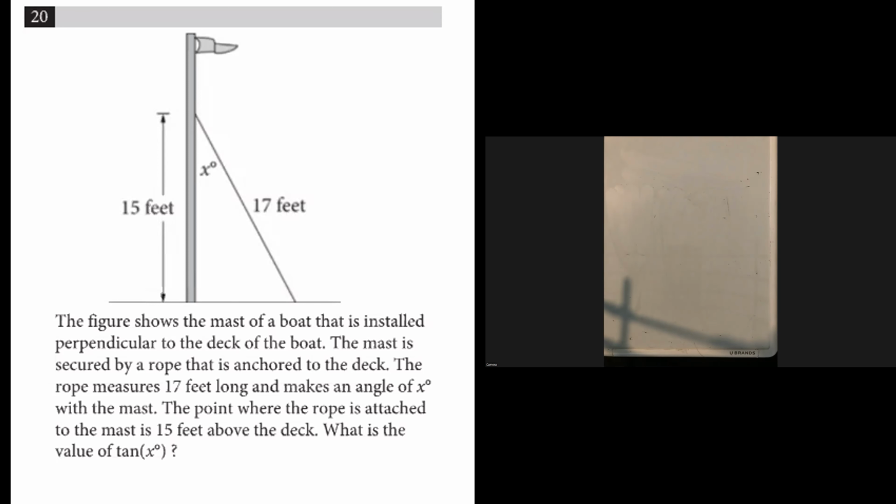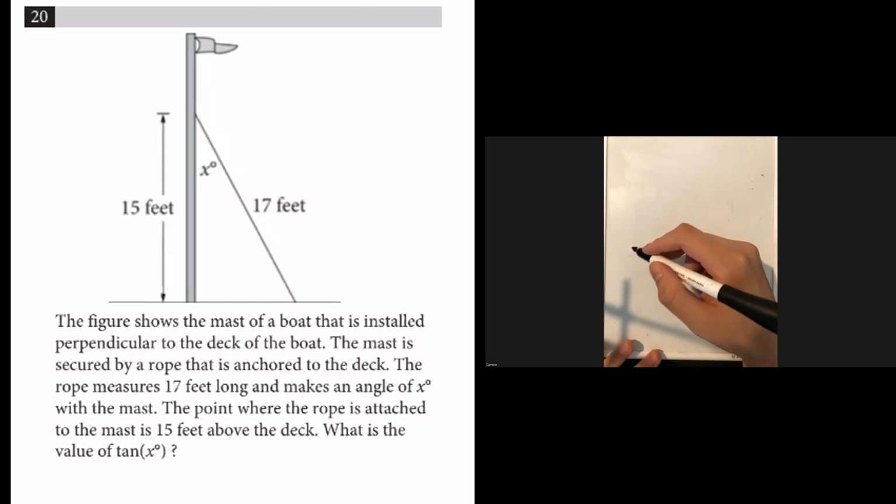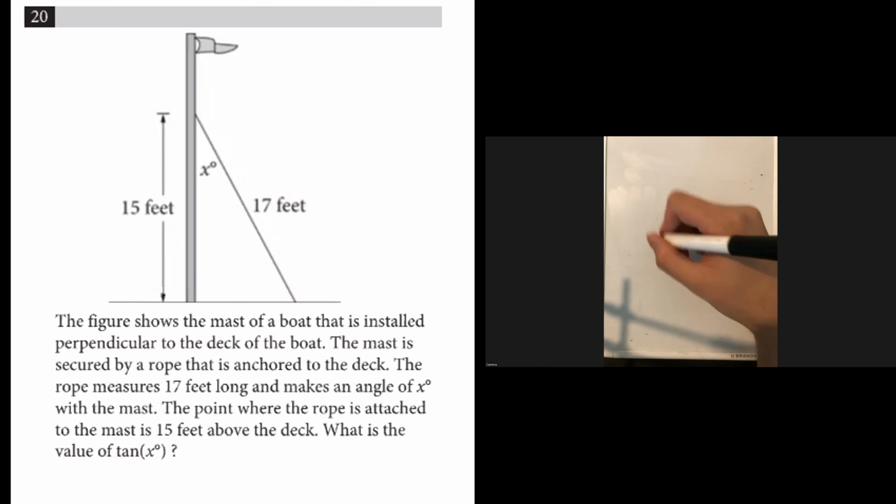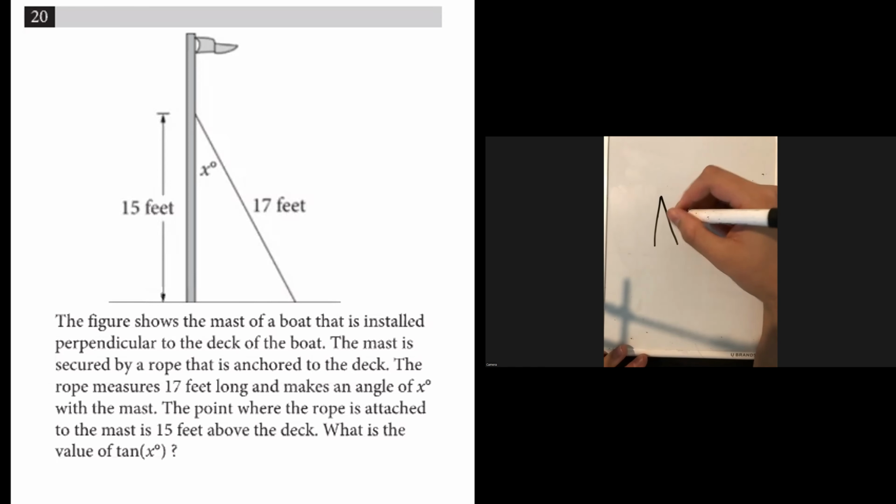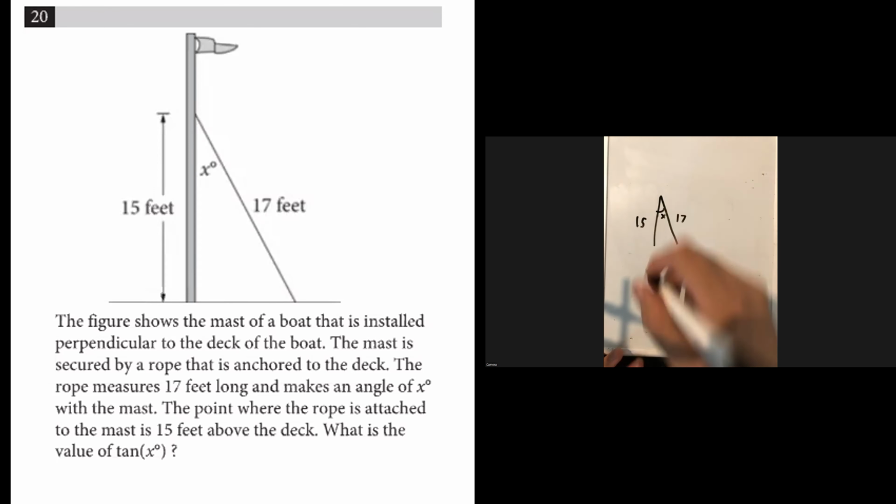All right, so this one might be a little bit challenging, but don't worry, it's fine. So for this one, we're given basically a triangle. This is 17, this is 15, and this is x. And they show us that in the figure and ask us what is the value of tan x.